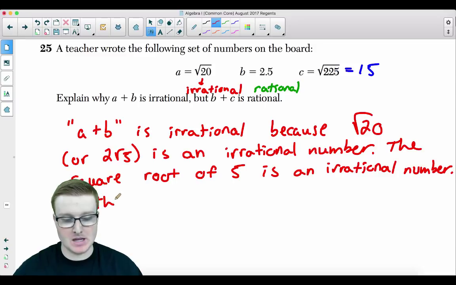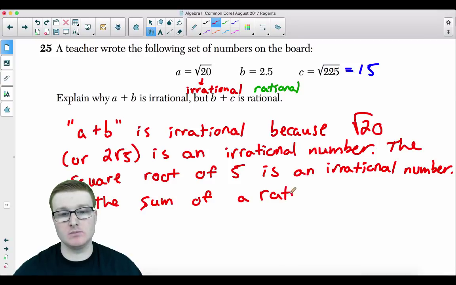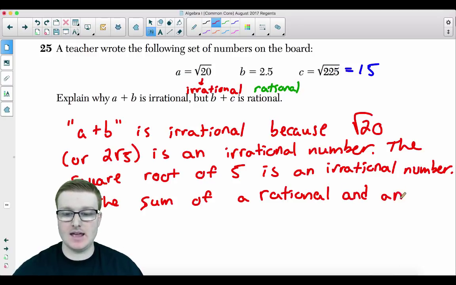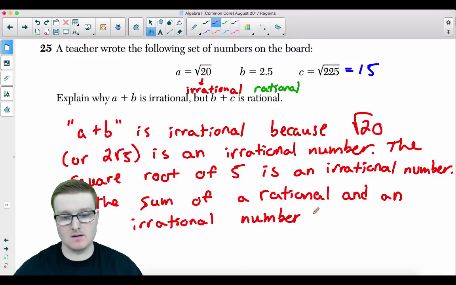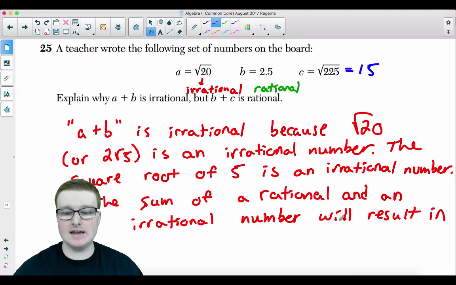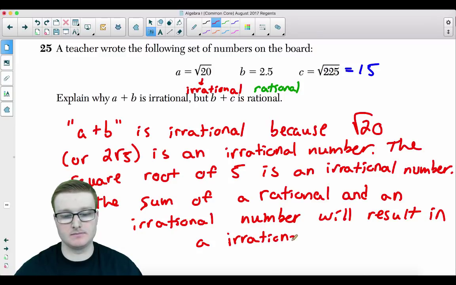Then we could say the sum of a rational, because 2.5 is rational, and an irrational number will result in an irrational number. And that's how you answer the first part of that question.